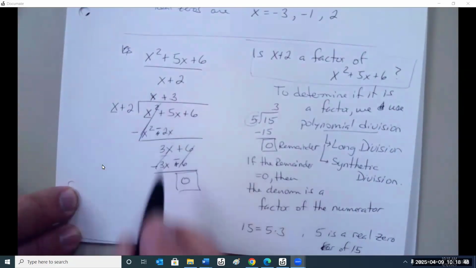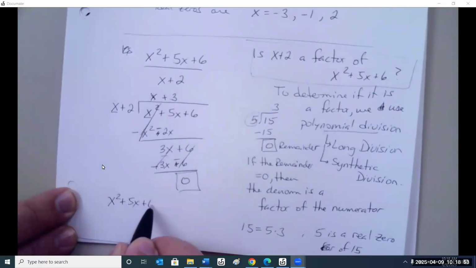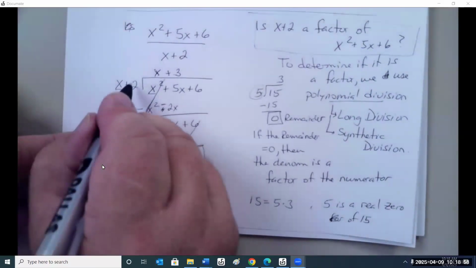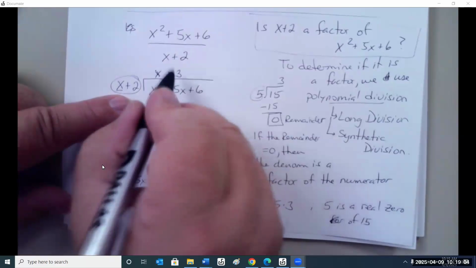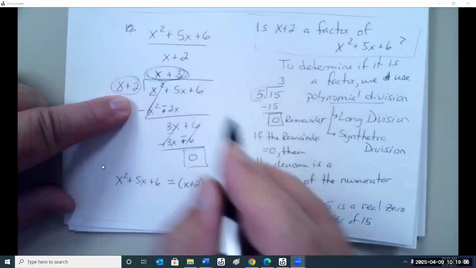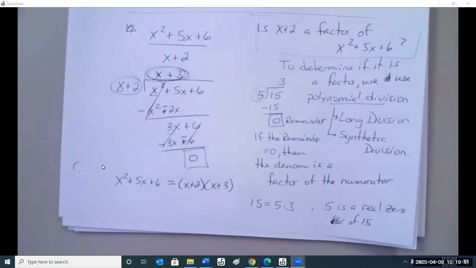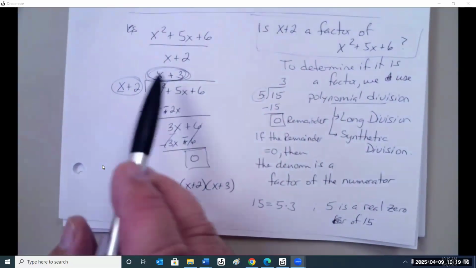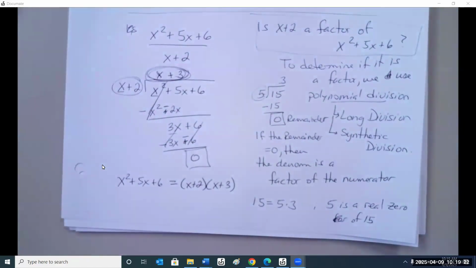Right. So we know that x squared plus 5x plus 6 is going to equal x plus 2 times what we just found, the x plus 3. So those are the factors. So long division checks to see if that's a factor, and it tells us what the next possible factor is. So we just found the factors of x squared plus 5x plus 6.